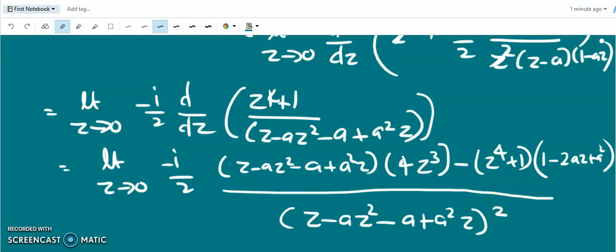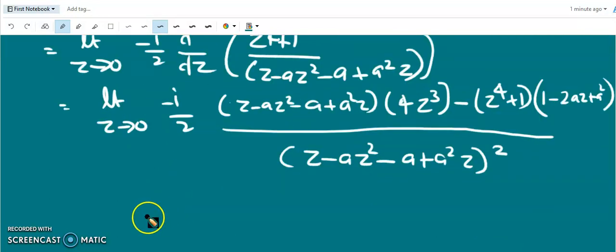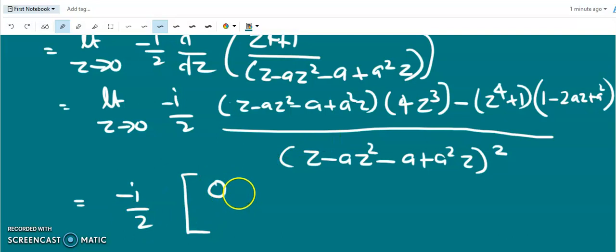So now we apply the limit. Applying the limit as z goes to 0, 4z cube is a common factor here, so when z equal to 0, this term vanishes. So we have minus i by 2 into 0 minus (z raised to 4 plus 1), that is 0 plus 1, 1 into (1 minus 2az plus a square).